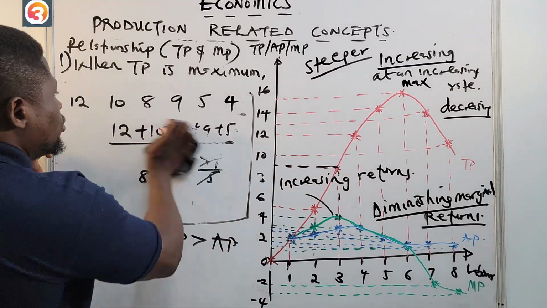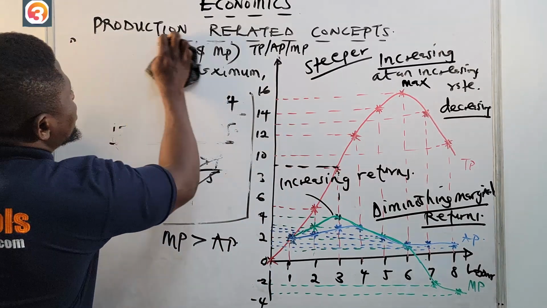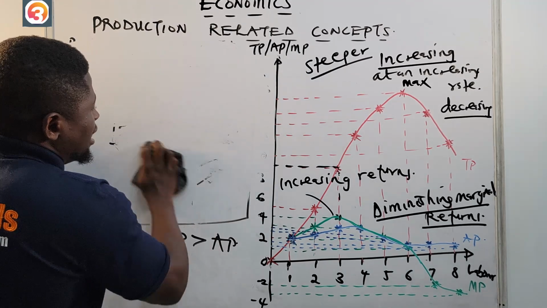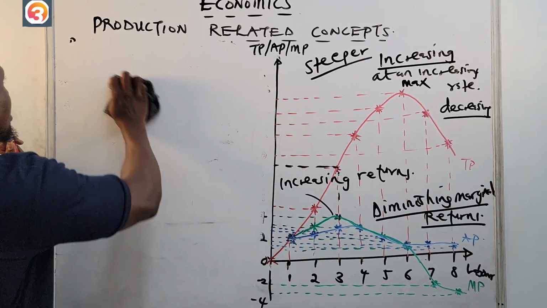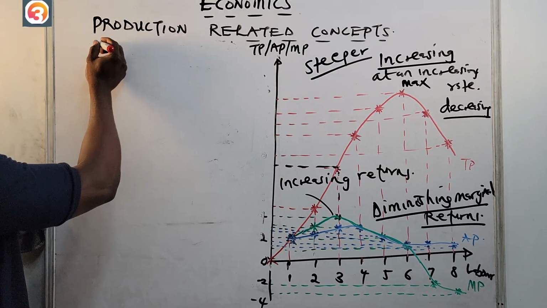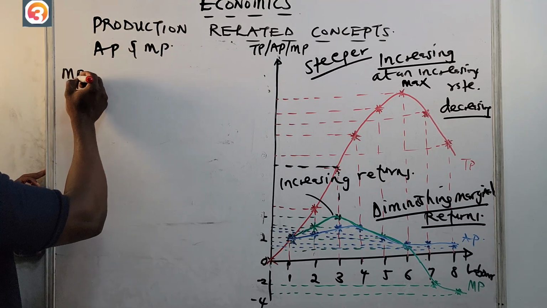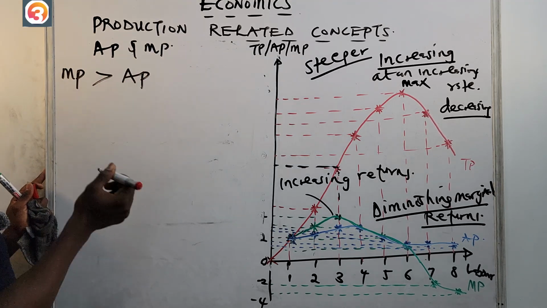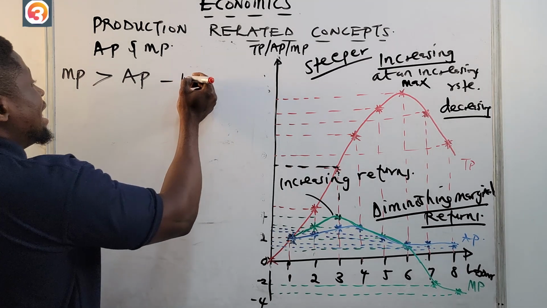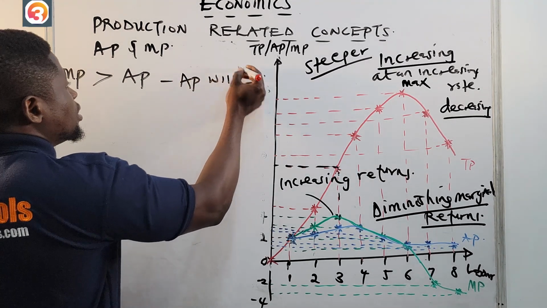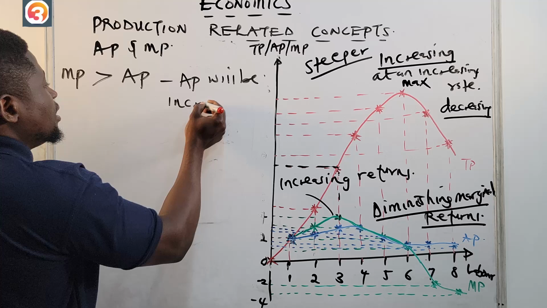So let us quickly draw out the relationship between MP and AP here. If MP is greater than AP, what do you notice? You notice that AP will be increasing.